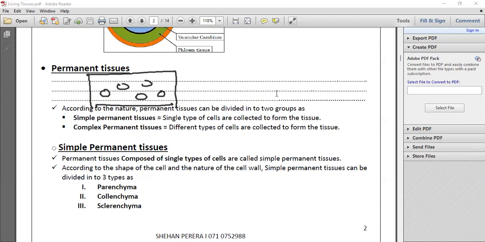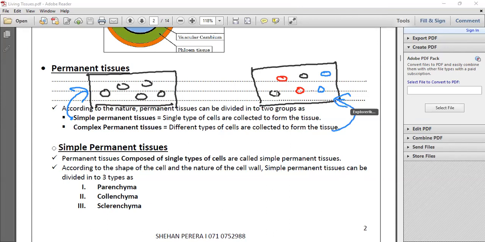The next type is a tissue that contains cells of different types. All of them cannot do cell division, but the tissue contains different types of cells. So this is called simple permanent tissue, and this is called complex permanent tissue.